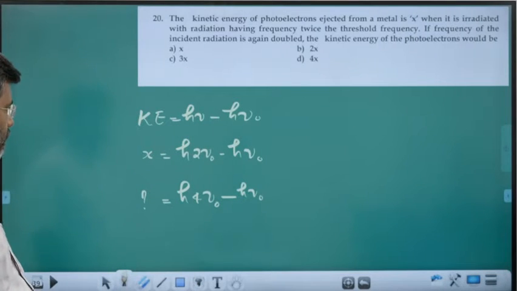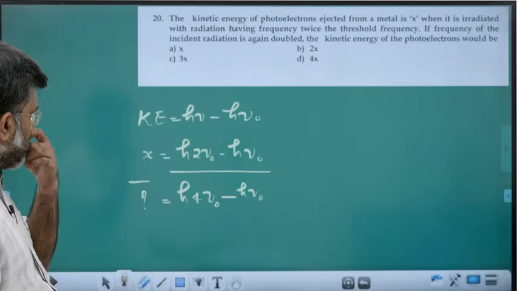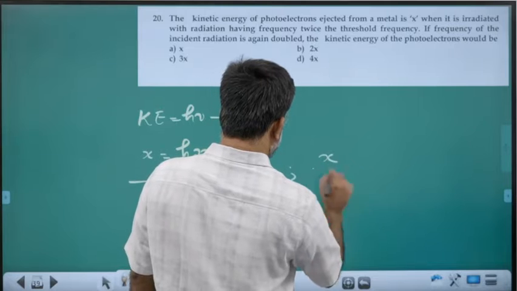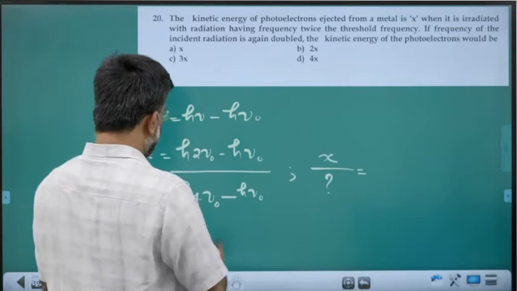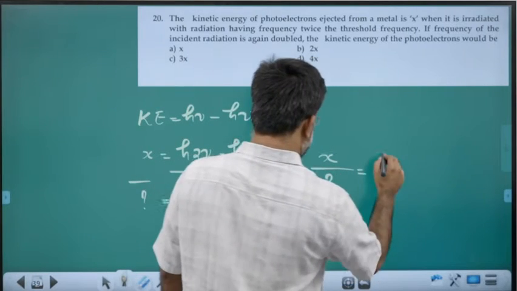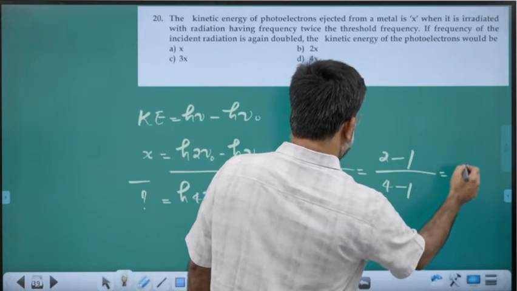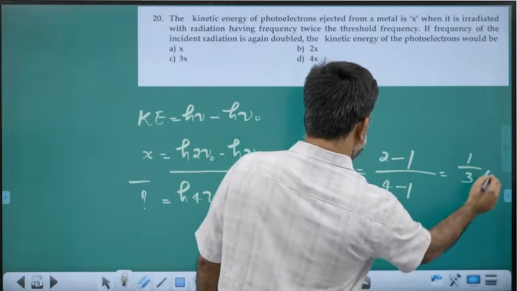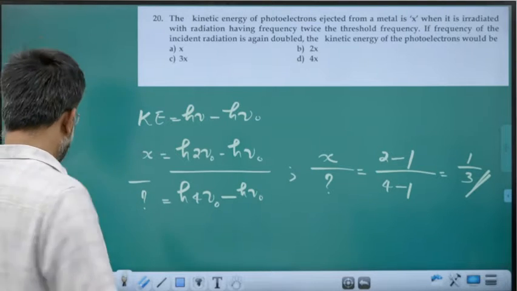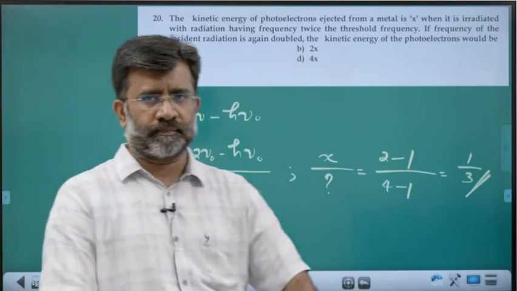Now take the ratio. h nu 0 cancels, and X by the required value is equal to (2 minus 1) divided by (4 minus 1), so it is 1 by 3. So the required value is 3X. Option C. A beautiful question.